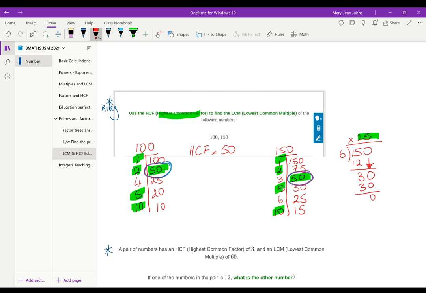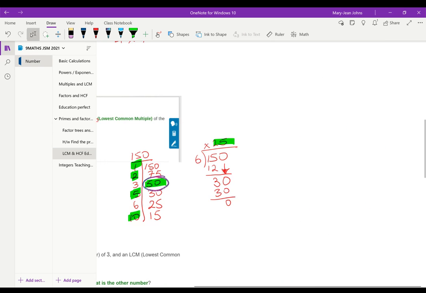From there, I can now start to find the lowest common multiple. We know that our multiples, when I multiply them together, have to be in the times tables. So using my highest common factor, that means it's a number that's in both numbers.